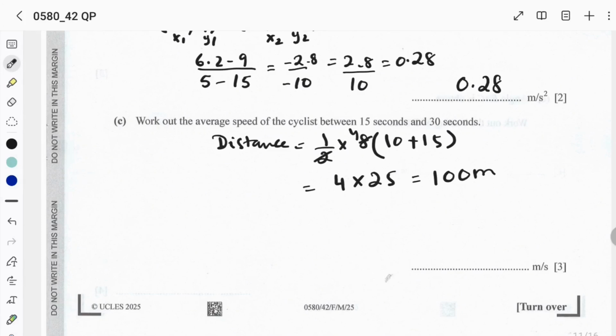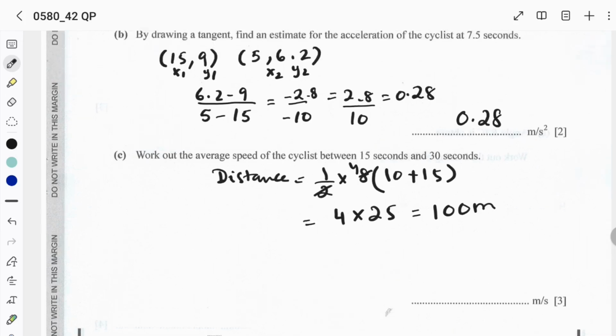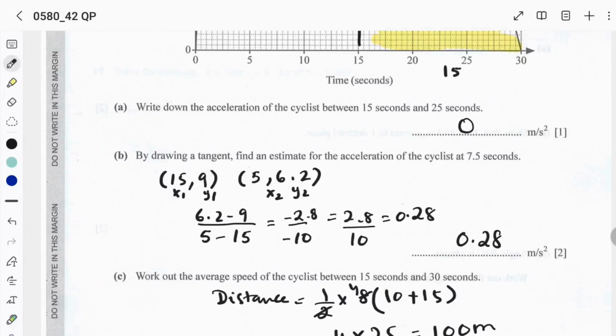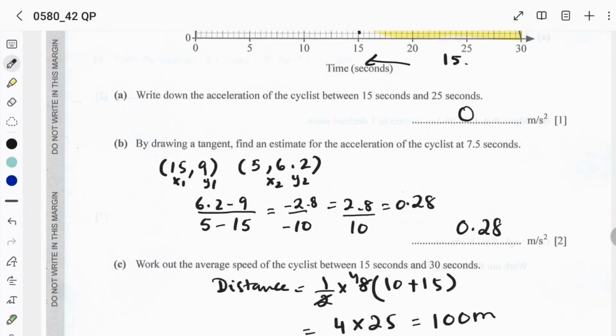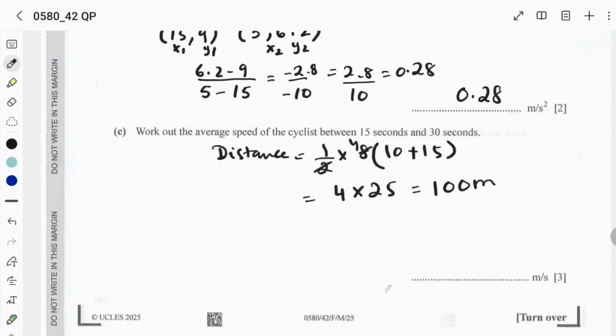All right, so this is the distance, and now we are finding the average speed between 15 and 30. Between 15 and 30 the time is 15 seconds.